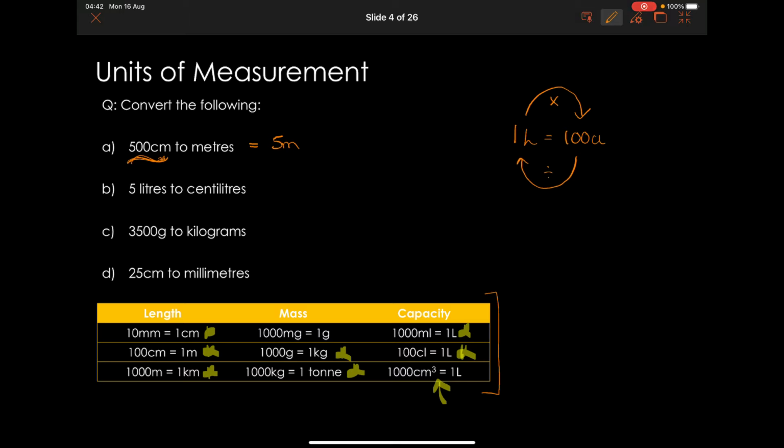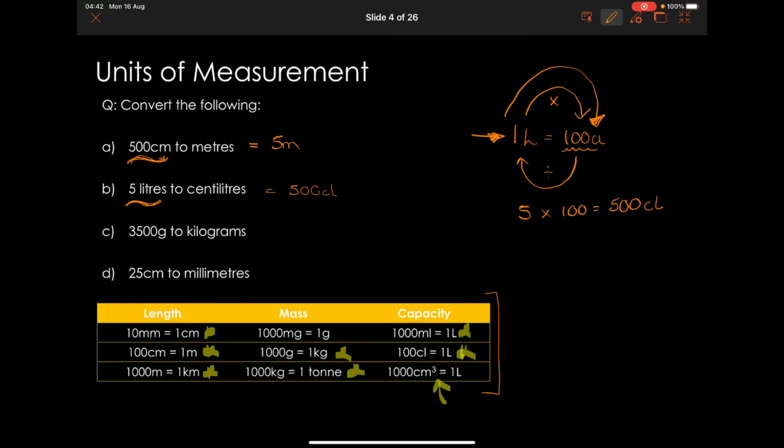I am in litres. I've got 5 litres. That means I'm on this side of the diagram, and I want to go over to this side of the diagram into centilitres. My conversion rate is 100. So I need to times that by 100, giving me 500 centilitres.